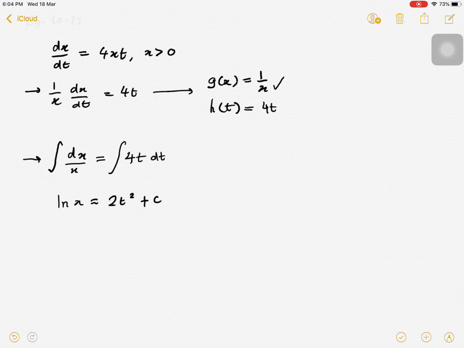Or we can have x equal to e to the power of 2t square plus c.